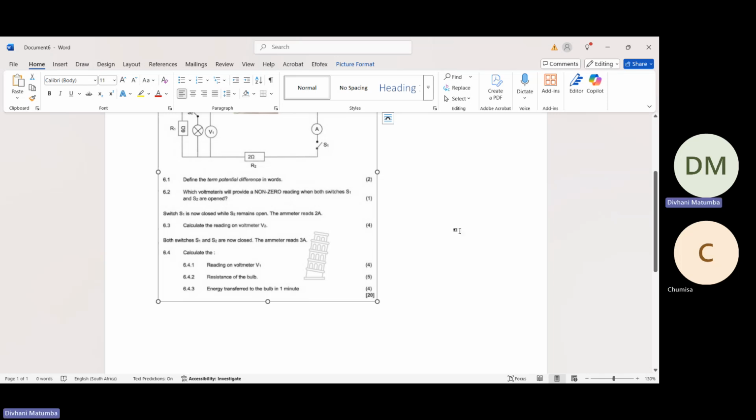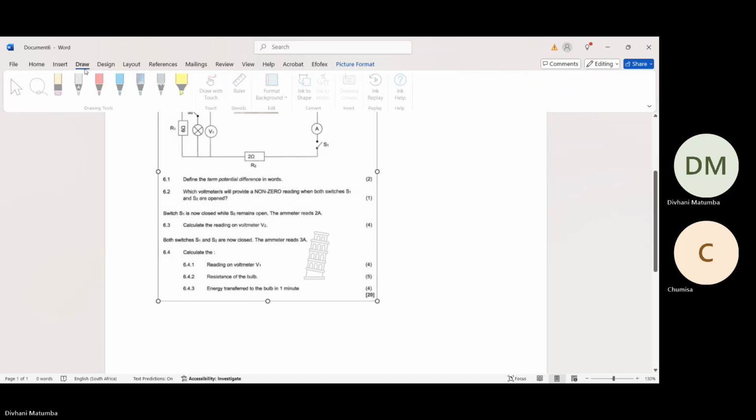In words, it is the energy transferred during the movement of charges inside the conductor, or energy used to move charges.